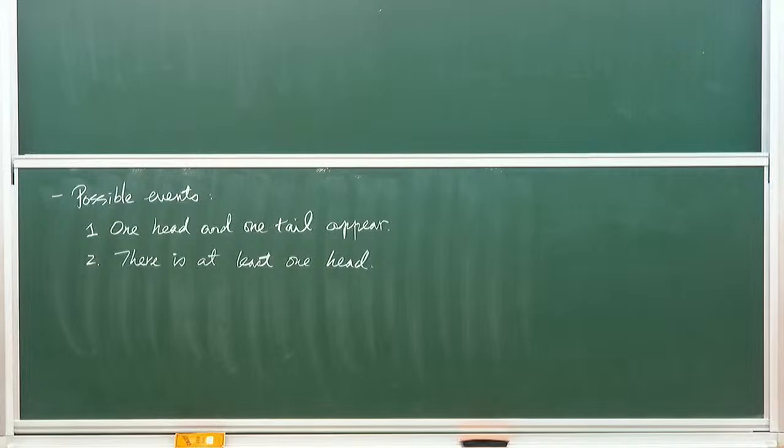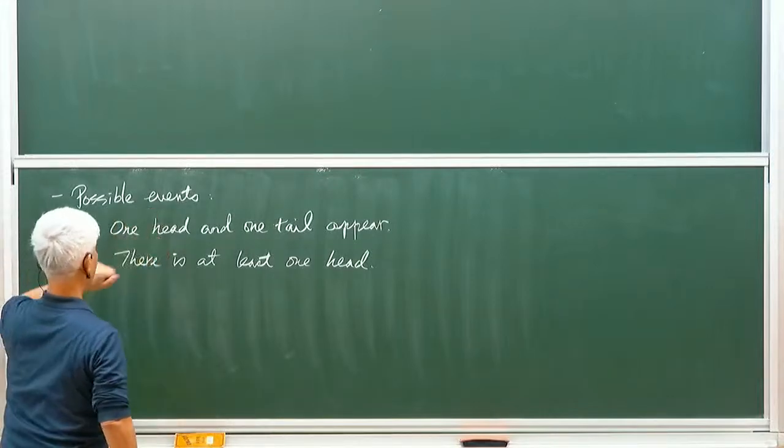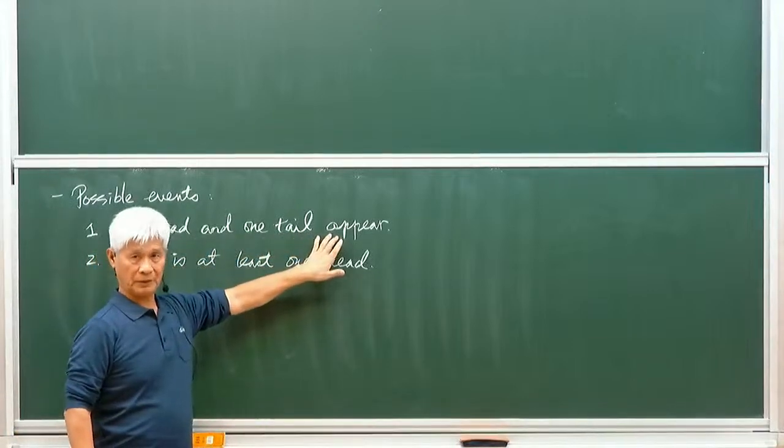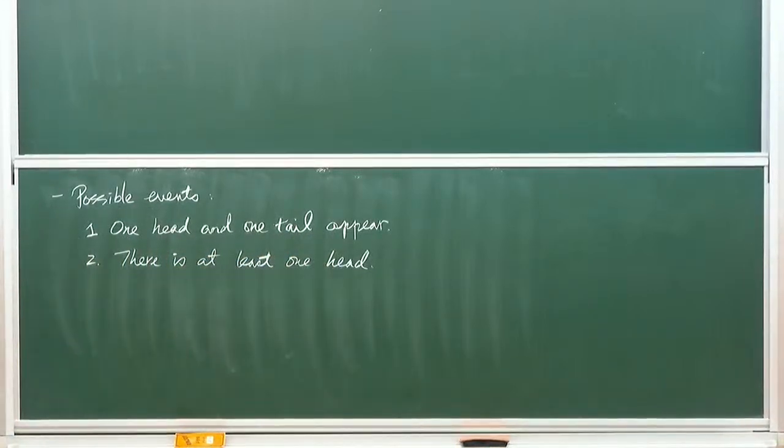Yes, please. Are possible outcomes and possible events the same thing? Not the same thing. Because when we say one head and one tail appear, it means that the possible outcome is either this ordered pair or this one. So it includes two possible outcomes.